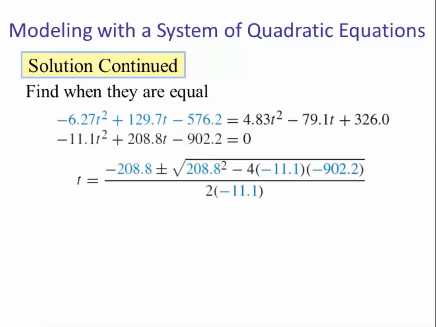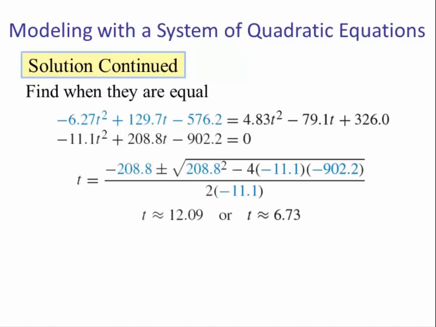Substituting these values in our quadratic formula, we have negative b plus or minus the square root of b squared minus 4 times a times c, all divided by 2 times a. We get t is approximately equal to 12.09, or t is approximately equal to 6.73.